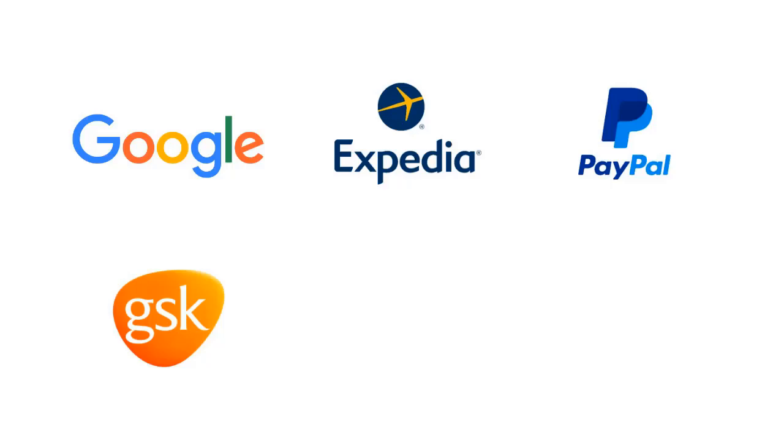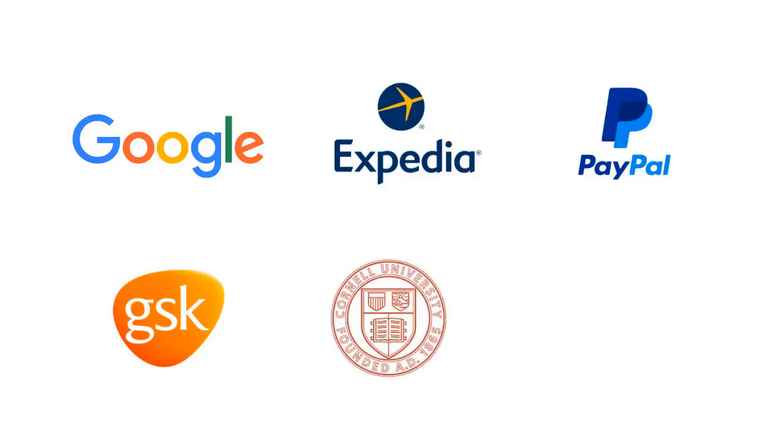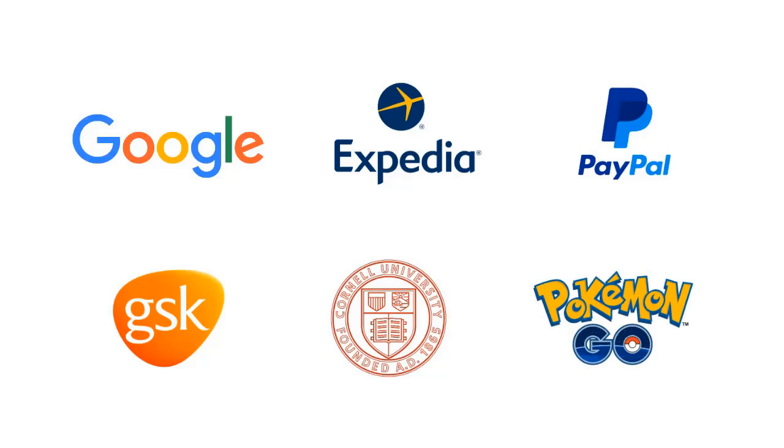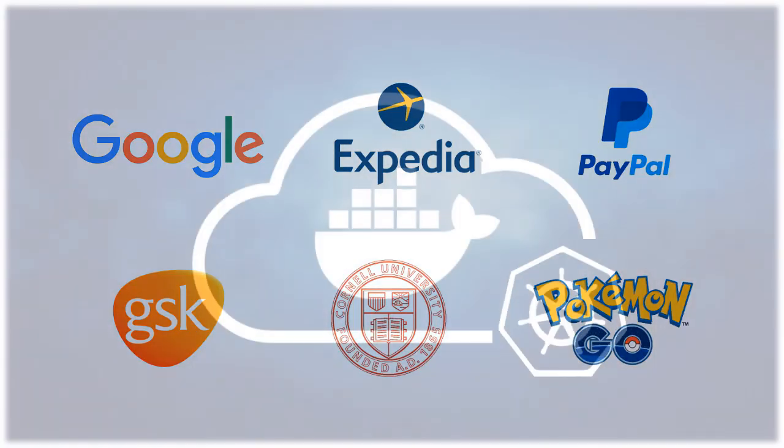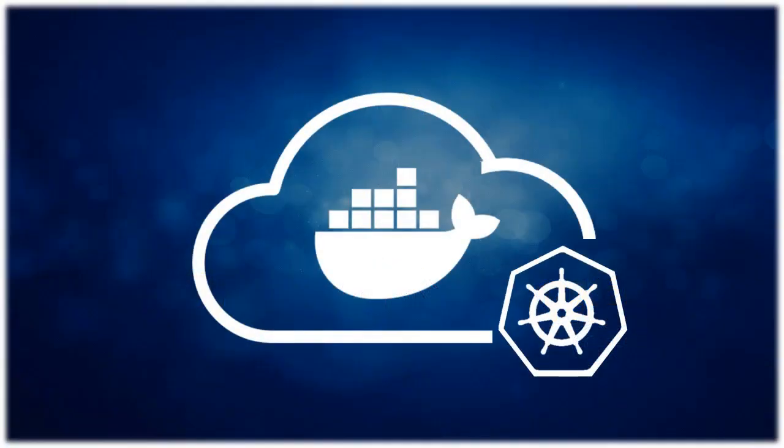Apart from them, educational institutions like Cornell University and gaming giants like Niantic, which became a huge success after Pokemon Go, are all using containers. Companies are gradually migrating to containers. As many of you might already know, DevOps jobs are increasing rapidly and containers are an essential part of the whole DevOps movement.